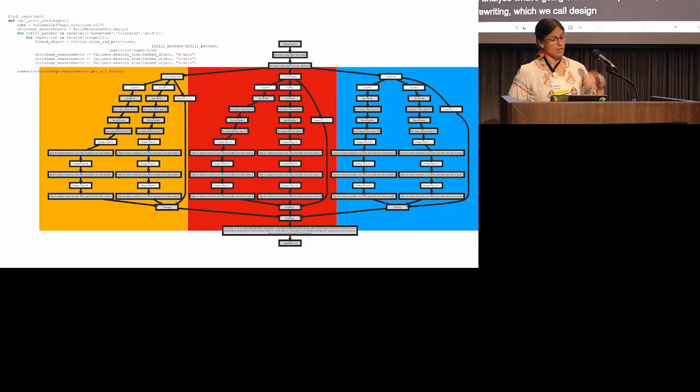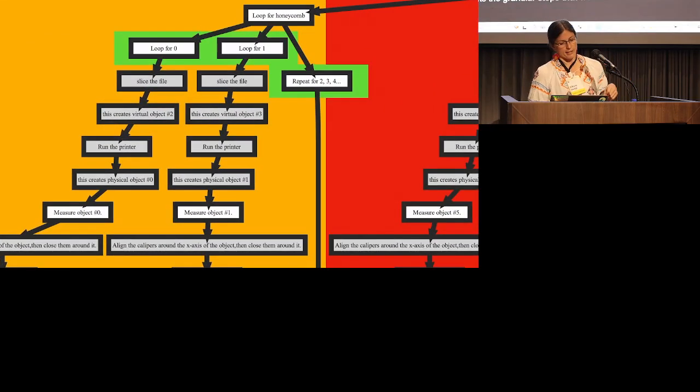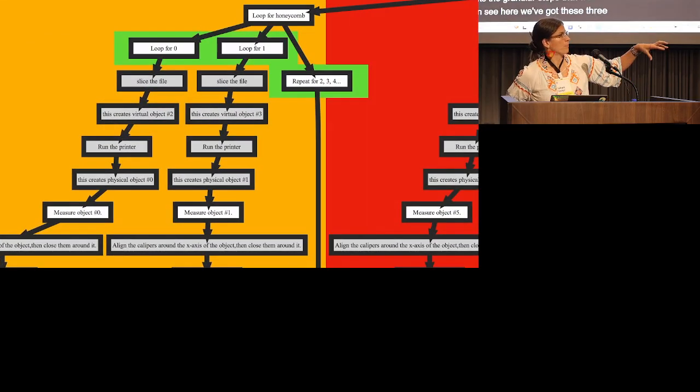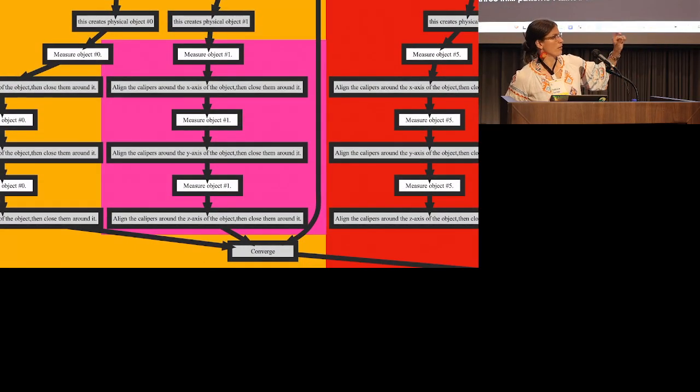So you can see here, we've got these 3 major branches, which represent those 3 infill patterns I talked about. And when we look at one infill pattern, we can see that there are sub-branches representing those 5 repetitions. And for each repetition, we repeat our measurements for the X, Y, and Z axes.